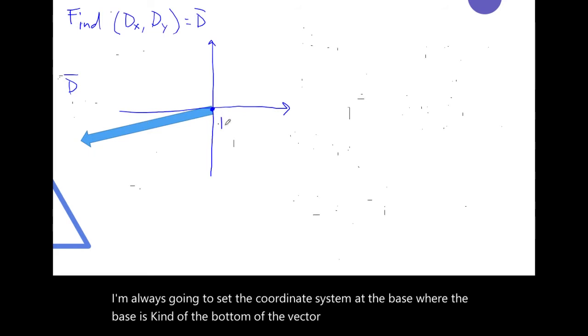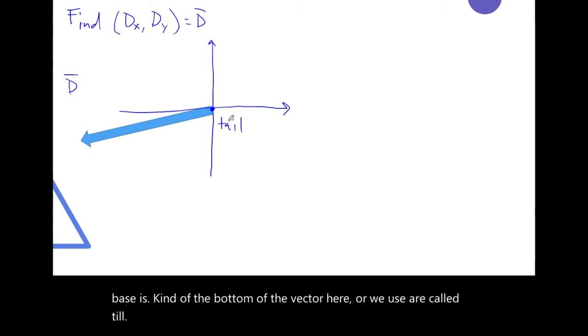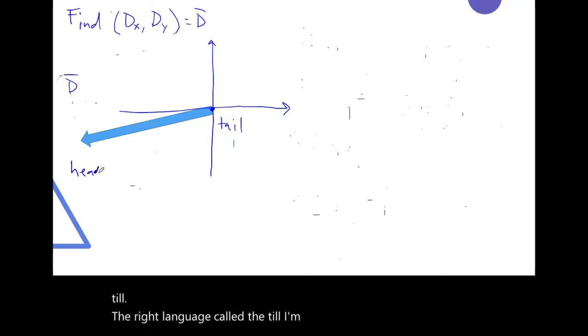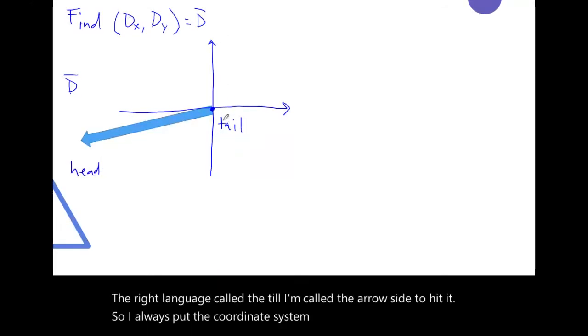We usually call it the tail, and the arrow side, the head. So I always put the origin of the coordinate system at the tail of the vector.